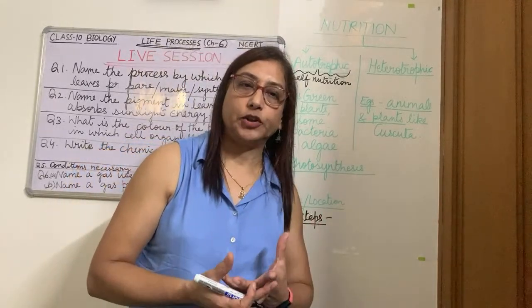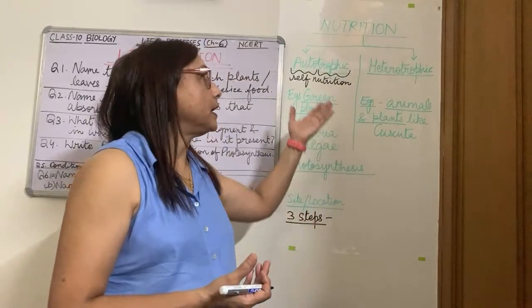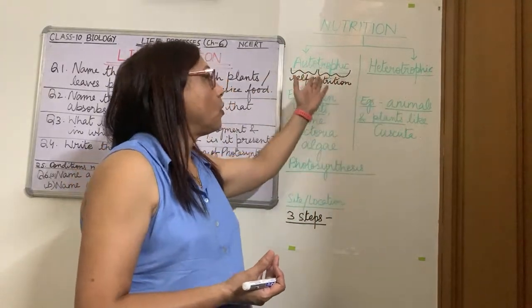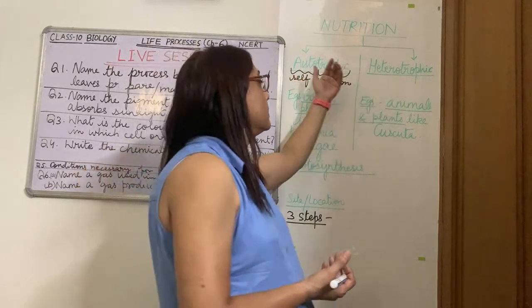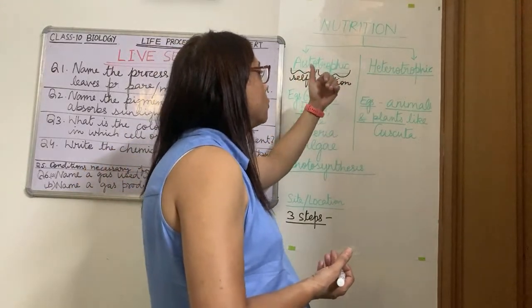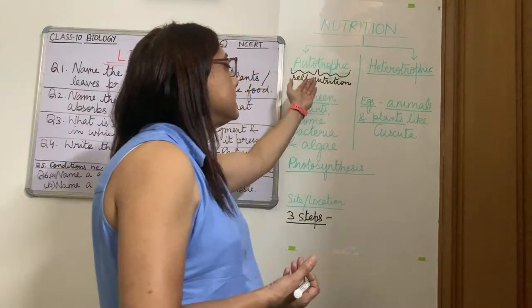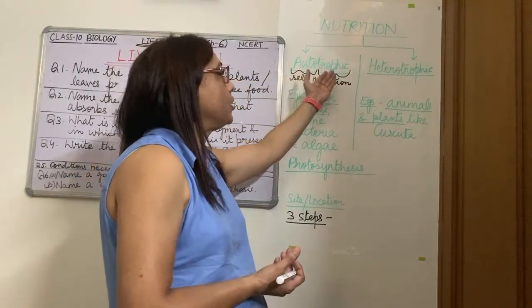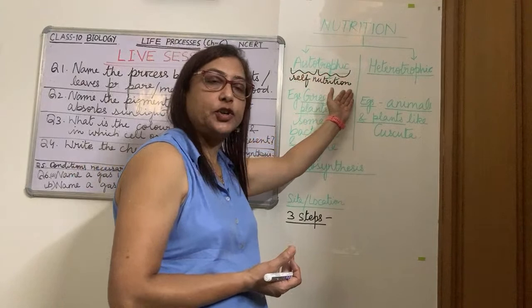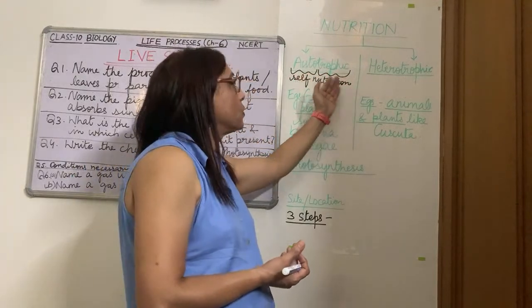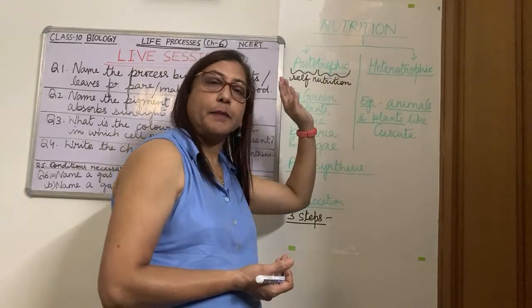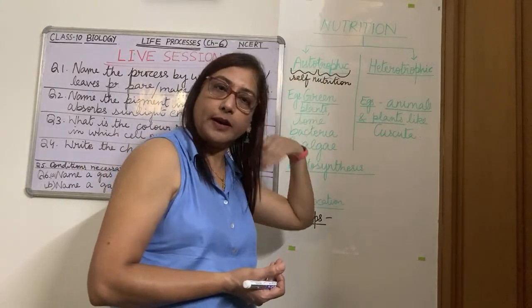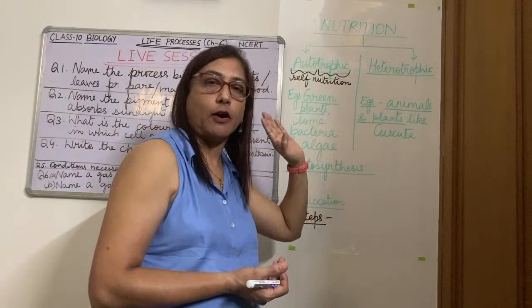Now nutrition can be of two types, autotrophic and heterotrophic. Today we are focusing on autotrophic. Auto means self and trophy means nutrition or feeding. So it means self-feeding, that is, making food on its own inside their own body.